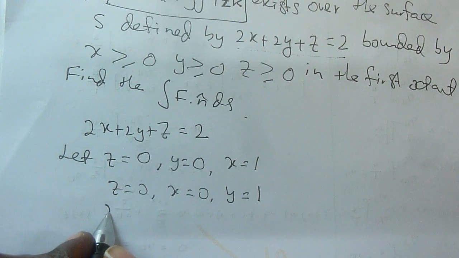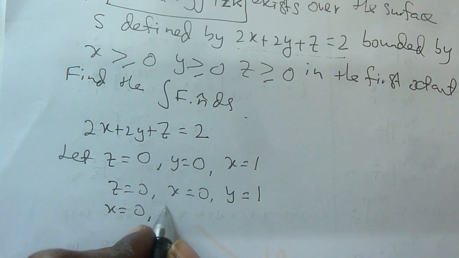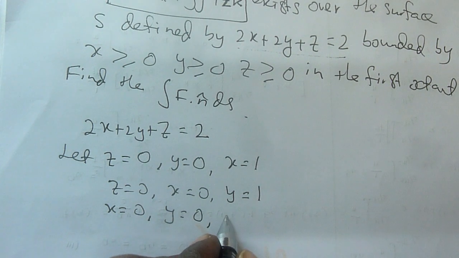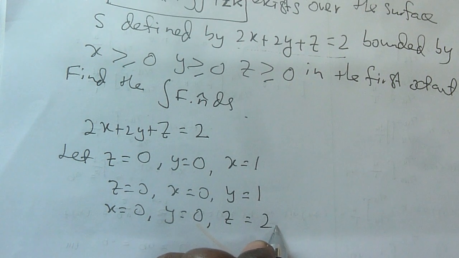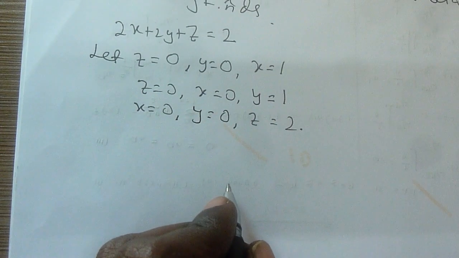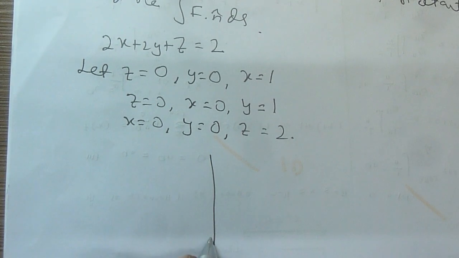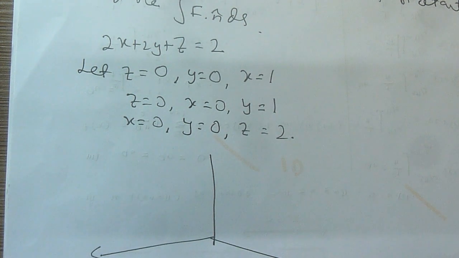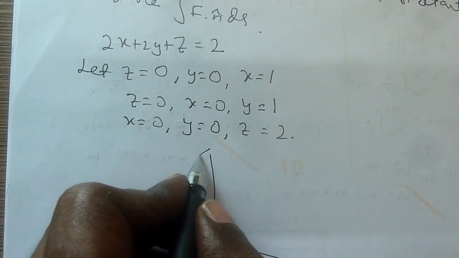Let x be 0 and y be 0, z is 2. Can I sketch this? Of course I can. Can you follow? That's very simple. You can see the sketch will be like this.